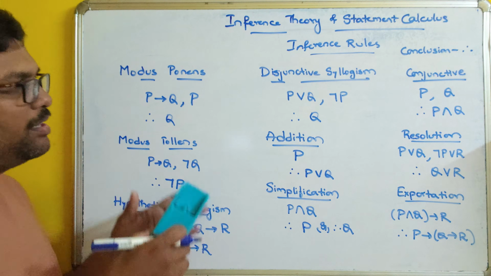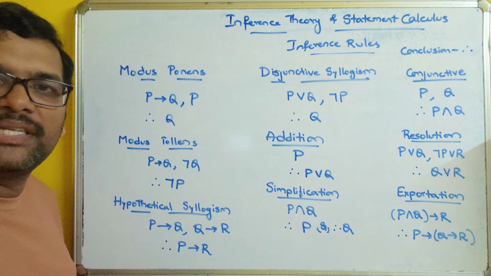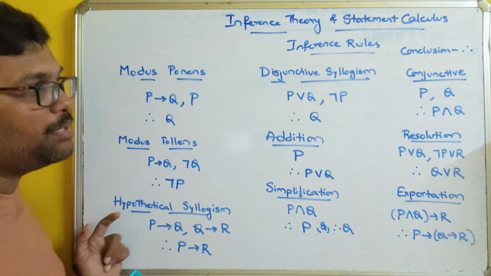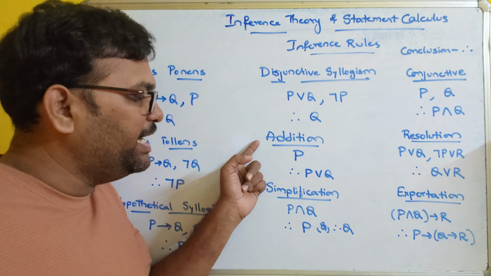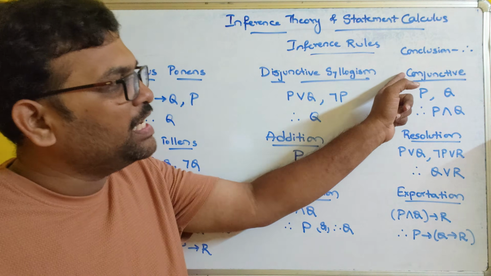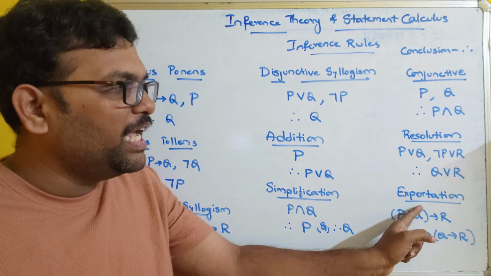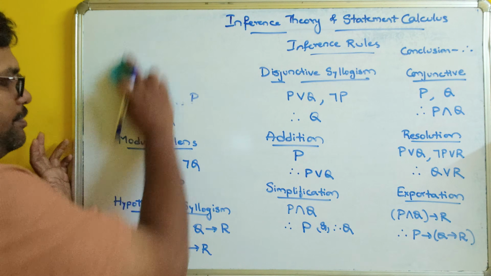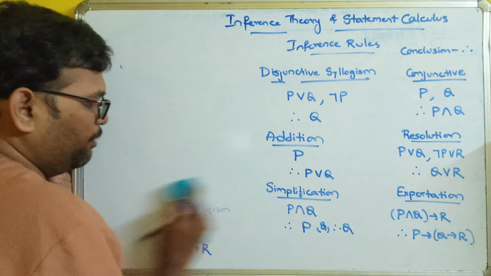So once again I am repeating these few inference rules: modus ponens, modus tollens, hypothetical syllogism, disjunctive syllogism, addition, simplification, conjunctive, resolution, exportation. Okay, and a few more are there. I'll repeat them also.